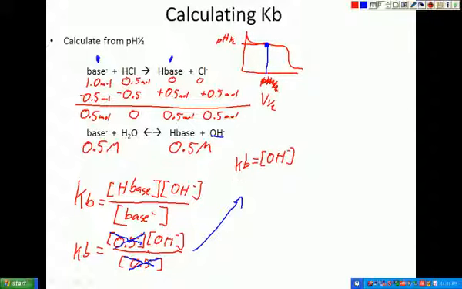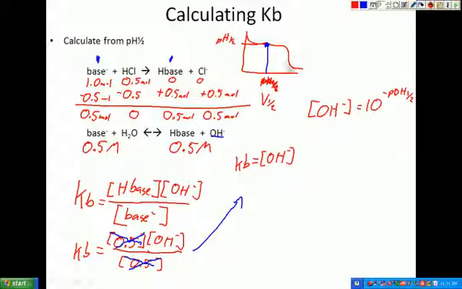Now, how do we change pH half into the concentration of OH? So how we do that is, if you remember, OH equals 10 to the minus POH at the halfway point.